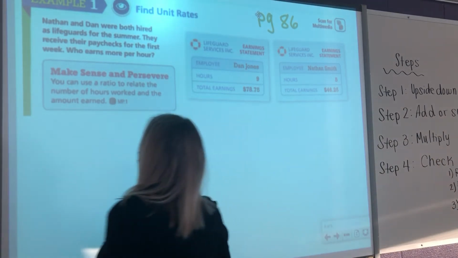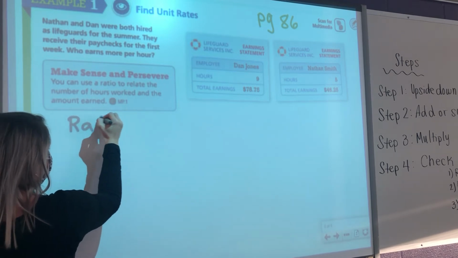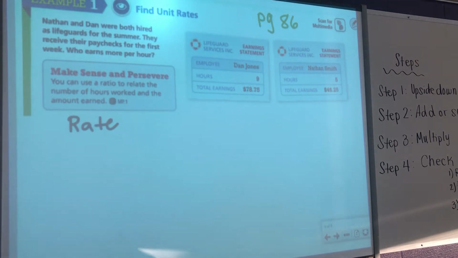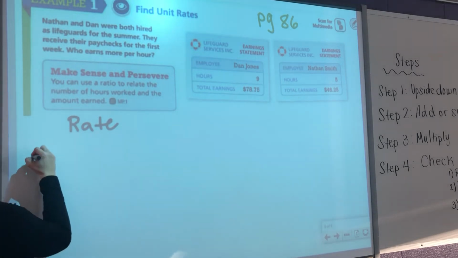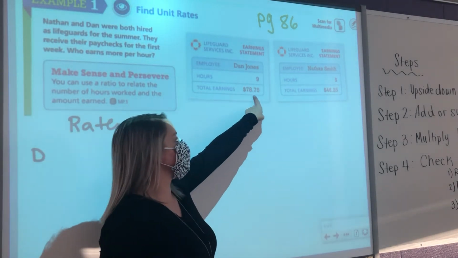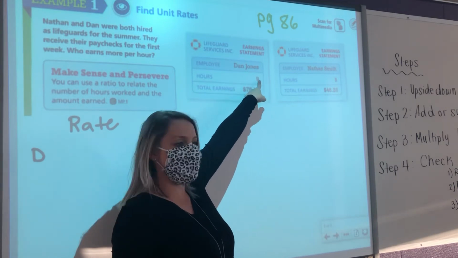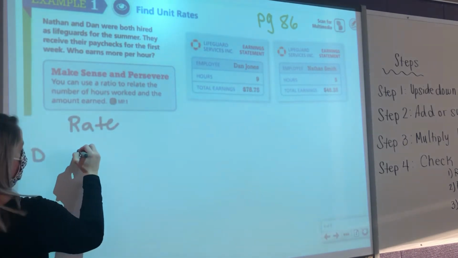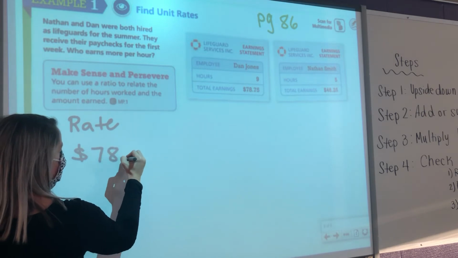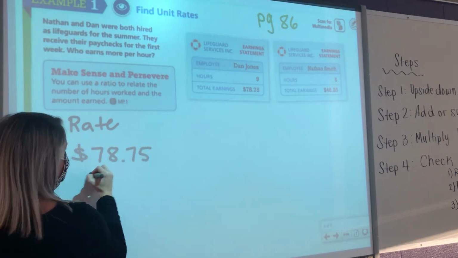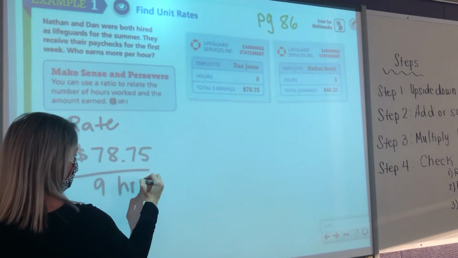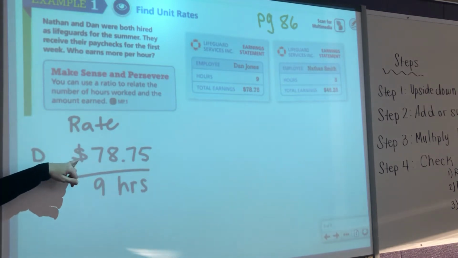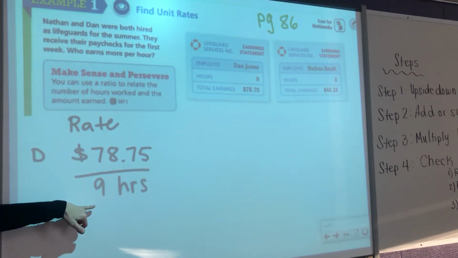So the first thing we want to do is set these up as rates. Money always goes on top. Okay? So, for Dan, he made $78.75 for 9 hours. Okay, so here's our rate, $78.75 for 9 hours.